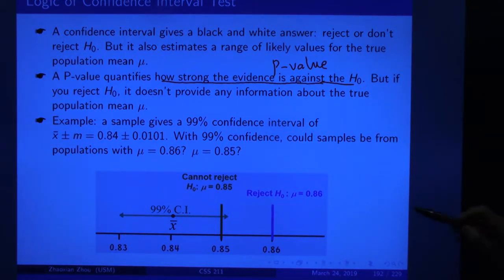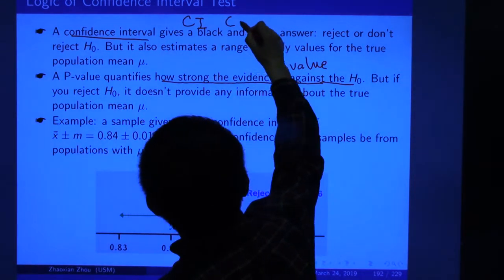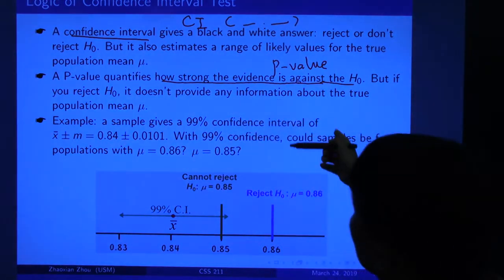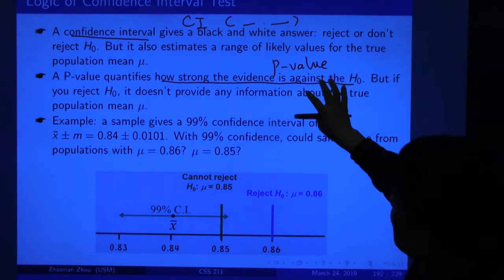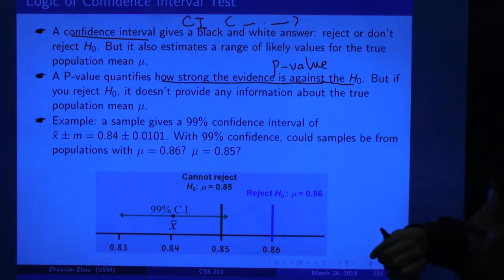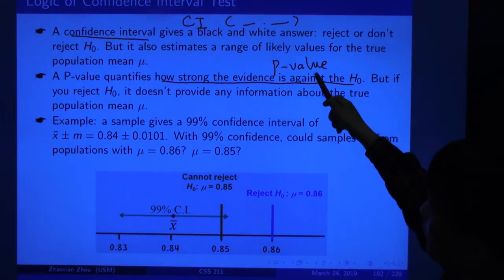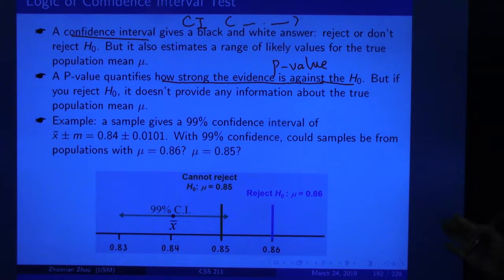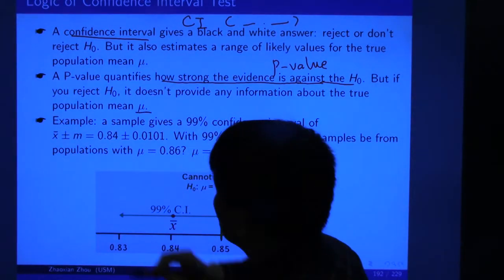And the confidence interval gives us a range from somewhere to somewhere, but we don't know how strong the evidence is. This one we know how strong the evidence is, but we don't know the interval. That means we lack this information about the estimation of the mean. We only say the evidence is strong, so we reject H0 or we fail to reject H0, but we have no estimation about the population mean here.